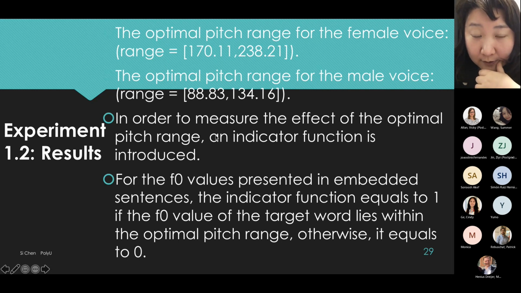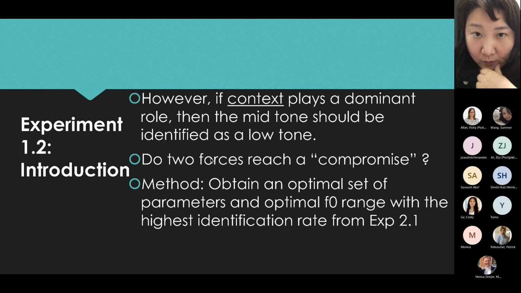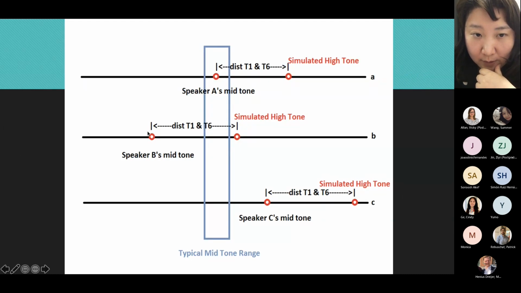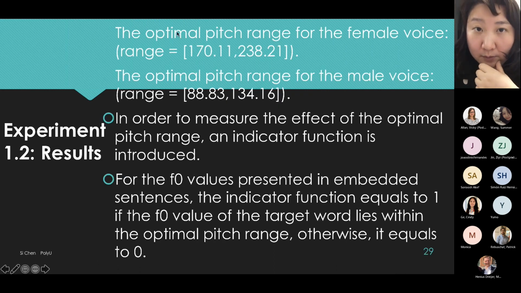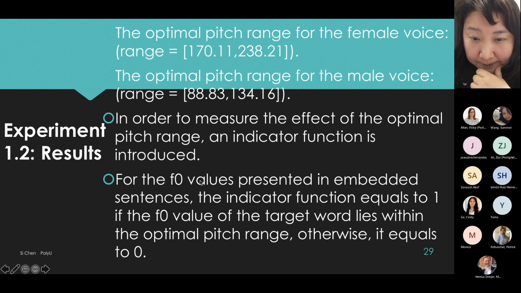And then we need to introduce a function called an indicator function, because there might be different situations, say values that do not fall within this typical tone range. So that's why we need to create an indicator function. Basically, this function represents whether a tone value falls within the optimal pitch range or not.